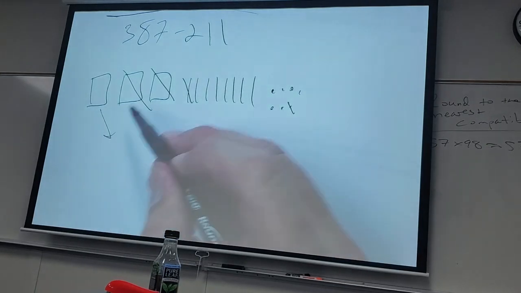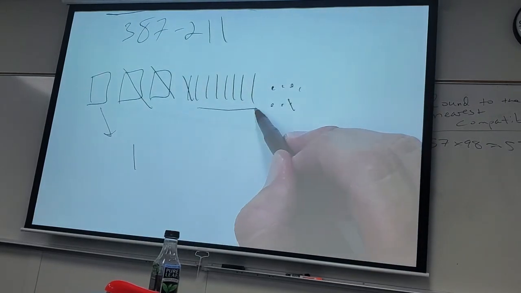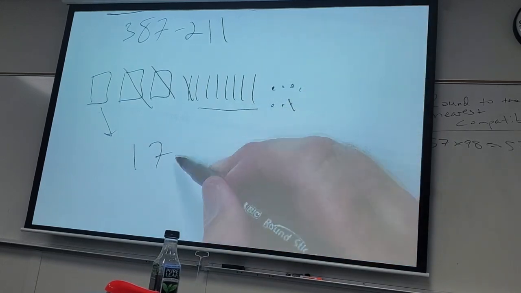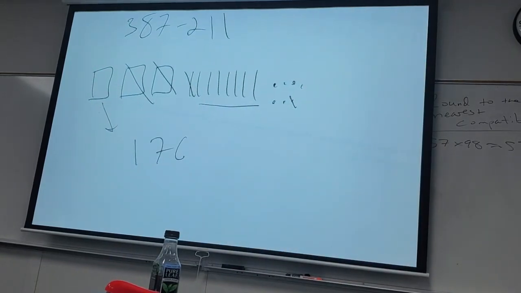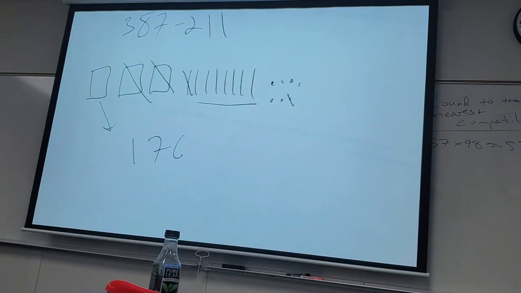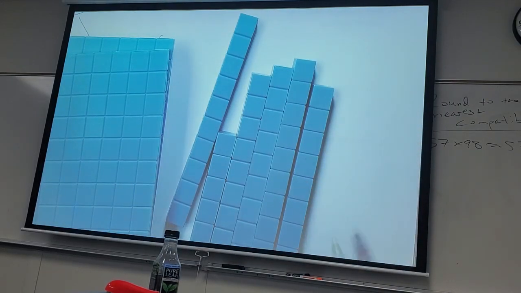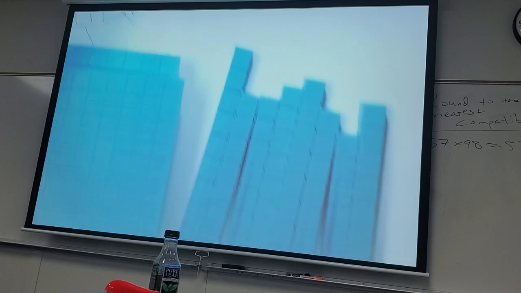And you just say, okay, what have I got left? I've got 1, I've got 7, and I've got 6. Right? Of course, you know it's going to look like 300, let's see, 80, oh crap.